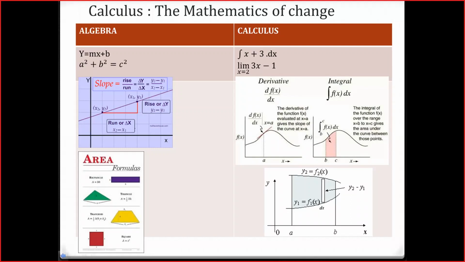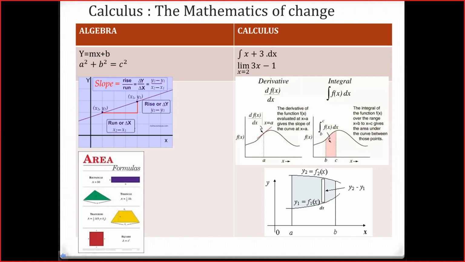Now, in algebra, you deal with the slope of a direct line. But in calculus, you deal with complex shapes, like derivatives and integrals, as you see here. And in algebra, you dealt with the areas of a triangle, trapezoid, square.